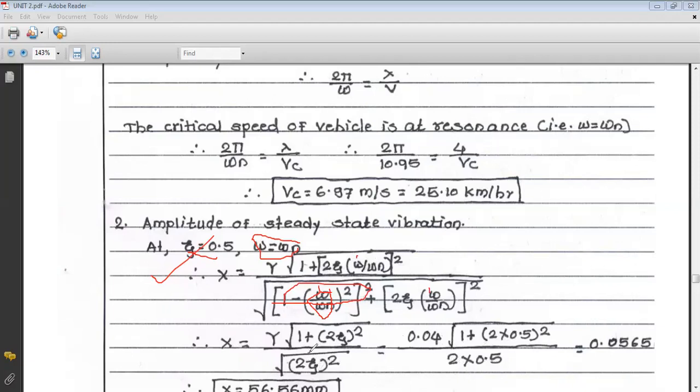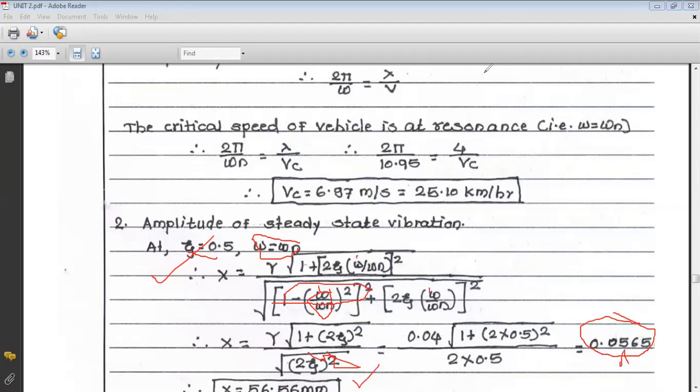The square root gets cancelled, so the term is only 2 into zeta, so 2 into 0.5. After that we get the absolute amplitude x equals 0.0565 meter. In mm that becomes 56.56 mm. So this is the absolute amplitude.